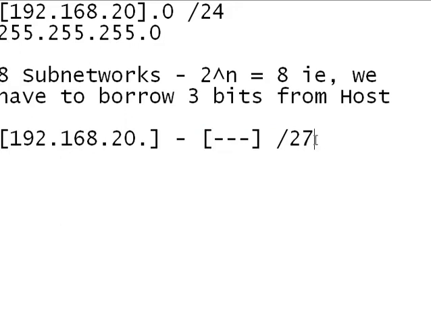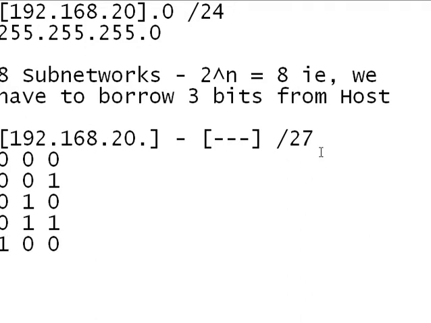What will be all the possible combinations? 000, I am talking about the first 3 bits, 001, 010, 011, 100, 101, 110 and 111.